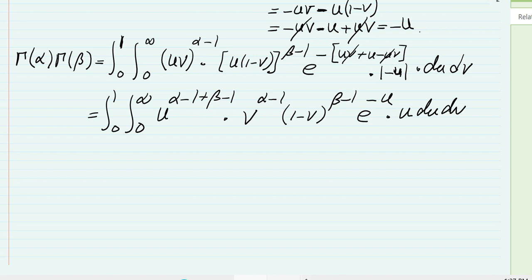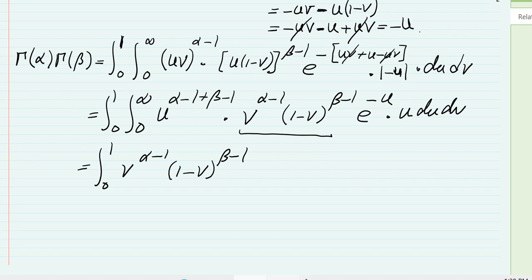Okay, so what is the next step? The next step, we can actually combine this. We have a u here and we have this u here. So we can combine those. And let's see what we're going to get here. So this is going to become the double integral from 0 to 1. And I'm going to go ahead and separate. I'm going to put the variable v under v to alpha minus 1, 1 minus v to beta minus 1.